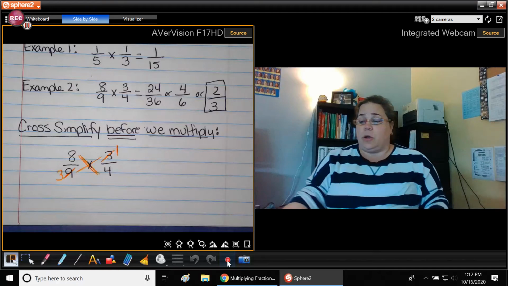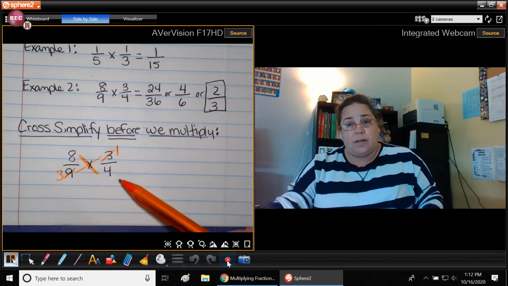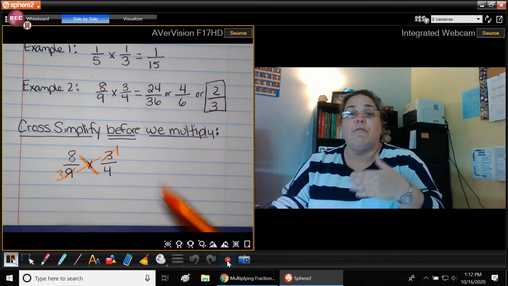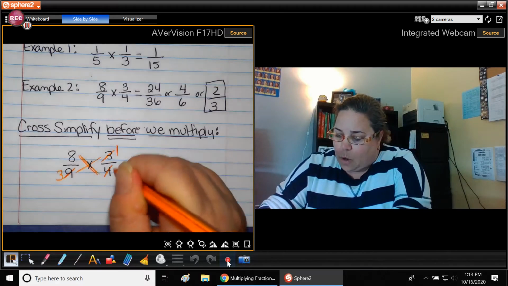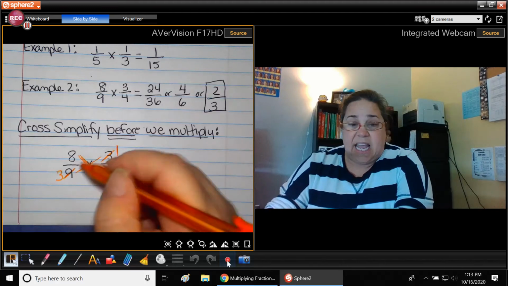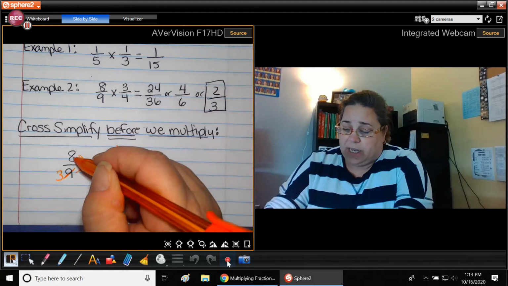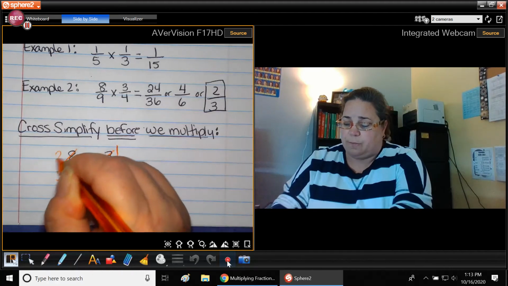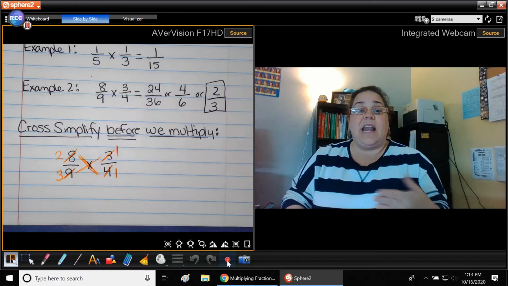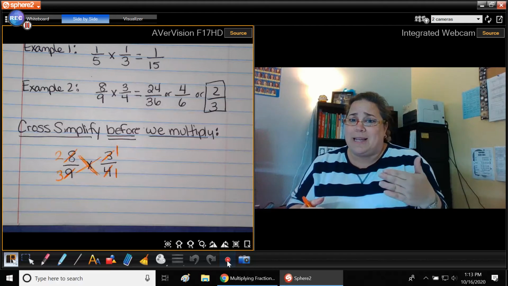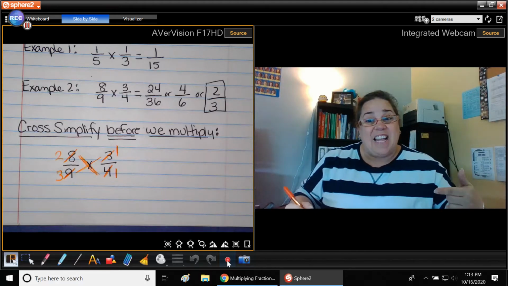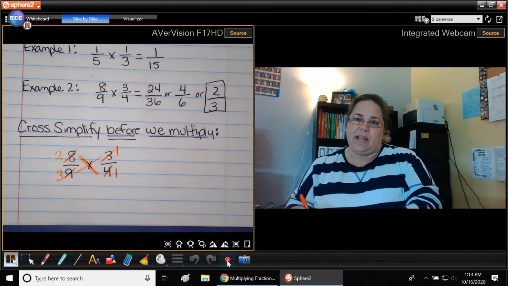Is there a number that goes into both 8 and 4? Yes, 4. 4 goes into 4 one time, and 8 divided by 4 is 2. Now I have much lower numbers to multiply straight across, and I'm not even going to have to simplify in the end.